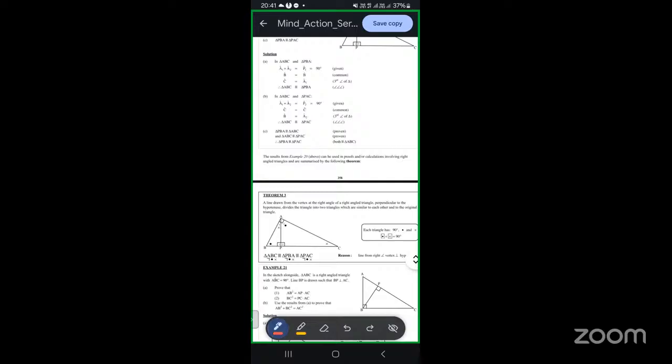Now we were required to prove something like this: maybe that AB over BC is equal to, what was it? Maybe AD over DF. Now, you're not sure about which triangle you're going to take to prove similarity between.